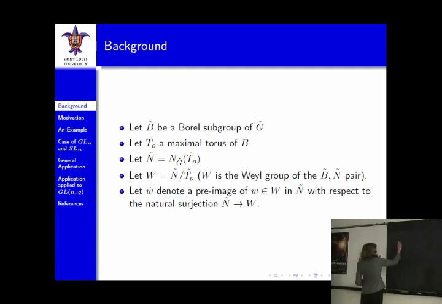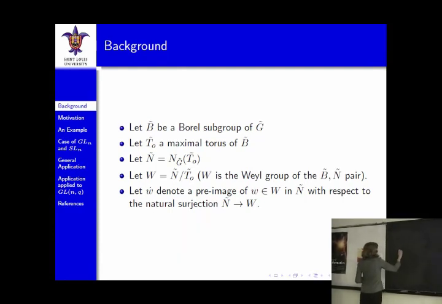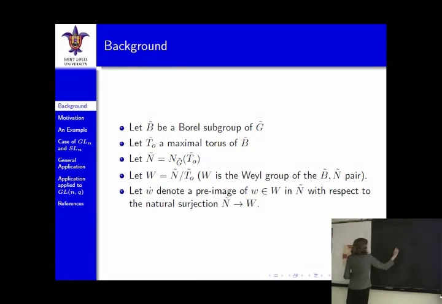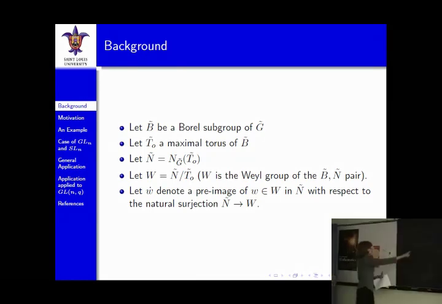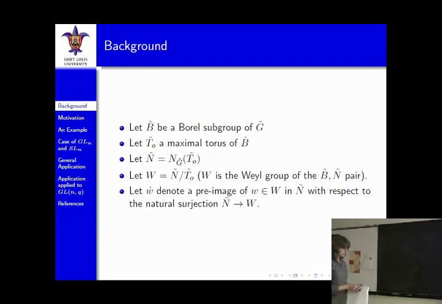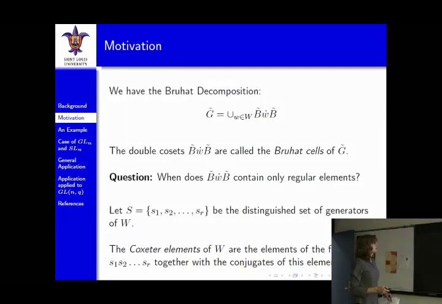Because we have our N tilde, and it maps to this coset, since this is the quotient group. So if you take an element little w in here, W dot would be an element here. All right, that's enough of the notation and definitions.